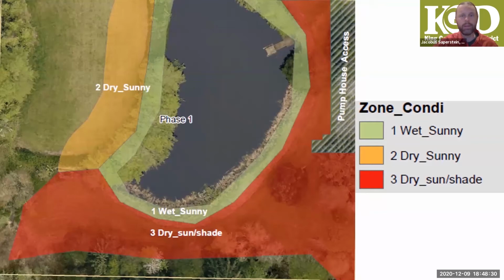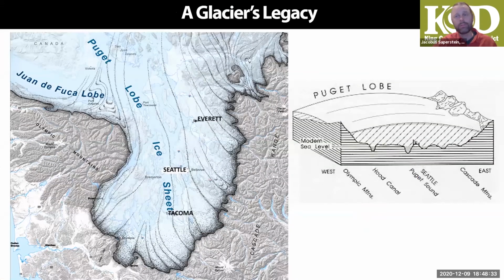A couple of things about that also is soil. To know how well your soil actually holds moisture and keeps it available to your native plants throughout the summer especially.